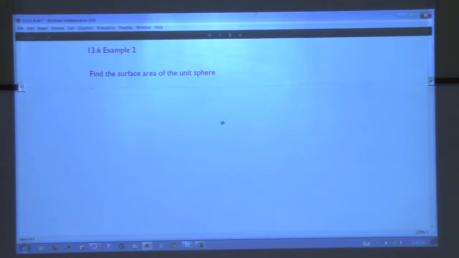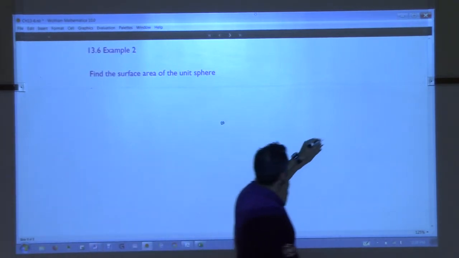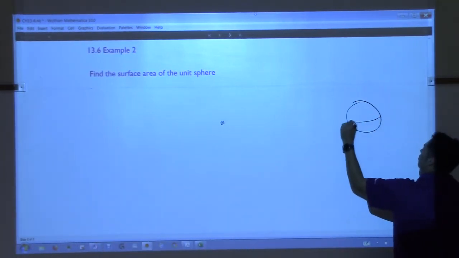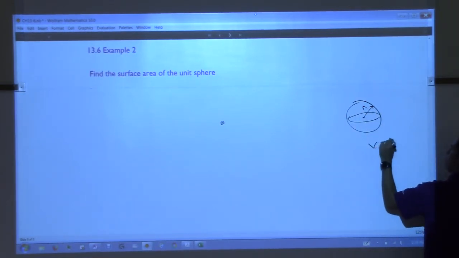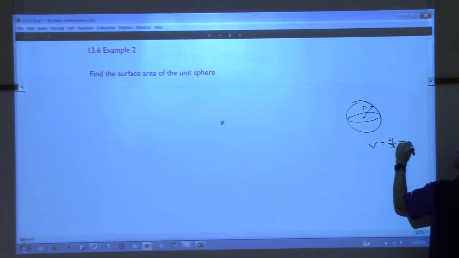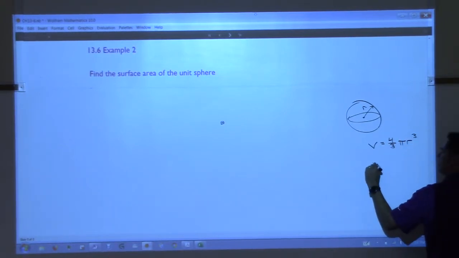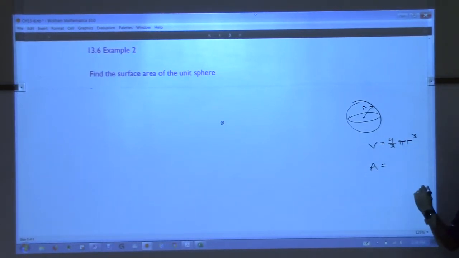So somewhere on a formula sheet, there's a picture of this, and they give you the volume formula, 4/3 pi r cubed, and then they give you the area formula, and it's what? What is it?